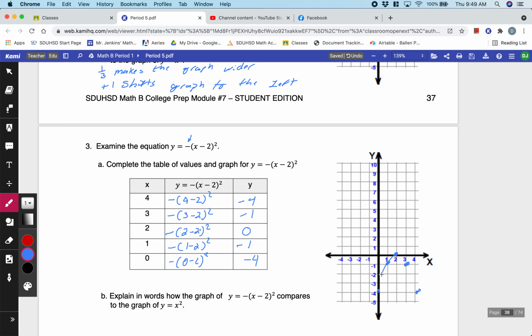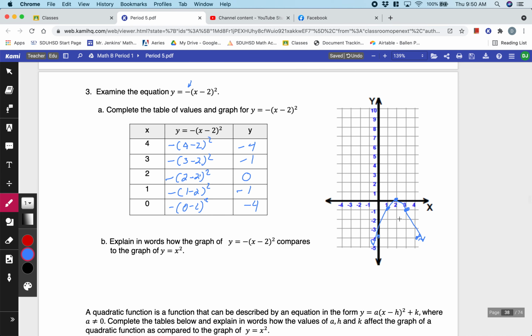Now here, guys, my graph is not any wider. There's no a value, it's still the same as 1, but the direction makes it point down. So the negative a value makes my graph open down. It's called a parabola. Shift down.